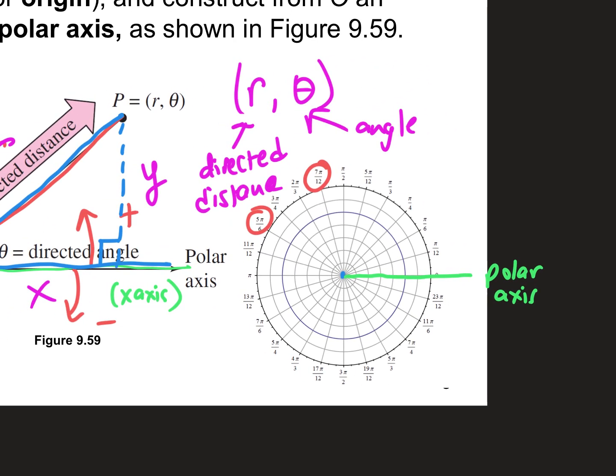So just say we had this point here, and I'll tell you how to get there. Do you remember from previous lessons, like in chapter 4, this is pi over 3. I could also add one whole circle here and end up back at the same point. I'm still at pi over 3, but that value is not pi over 3.